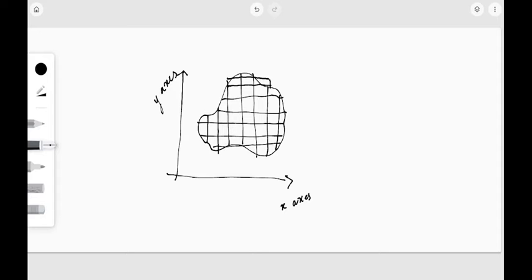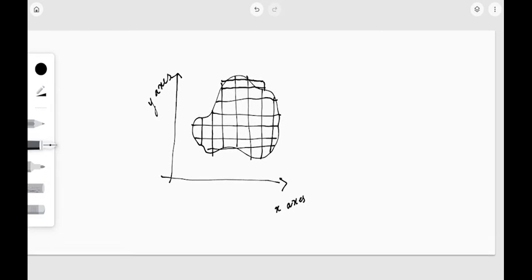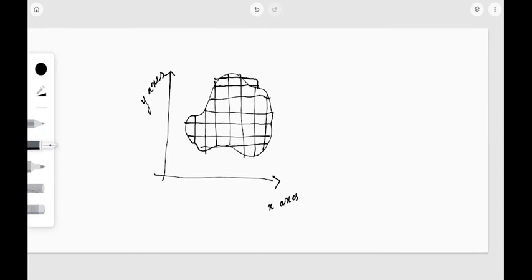If I choose this particular rectangle, it will have a particular diagonal, and we also choose a point here, xk star and yk star, any arbitrary point in that particular region.